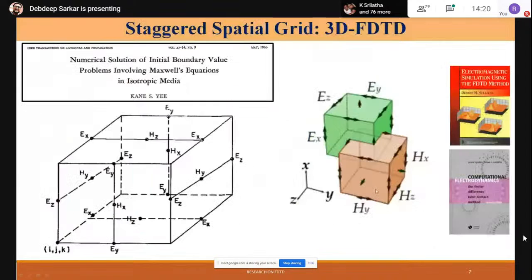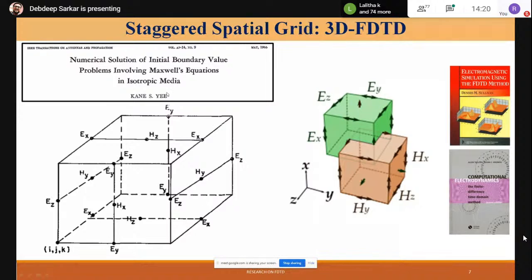But when I come to 3D, I do not have the luxury to show the time advancement, because in this figure I can show only up to 3 dimensions. Also, it is essentially a 2-dimensional screen, but I am using a projection type of idea to get this 3D view.